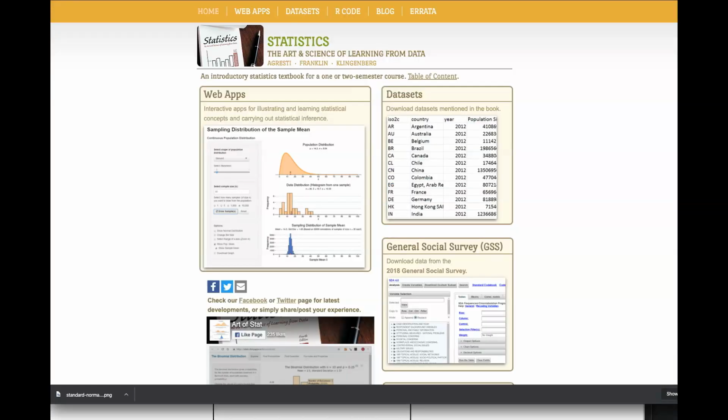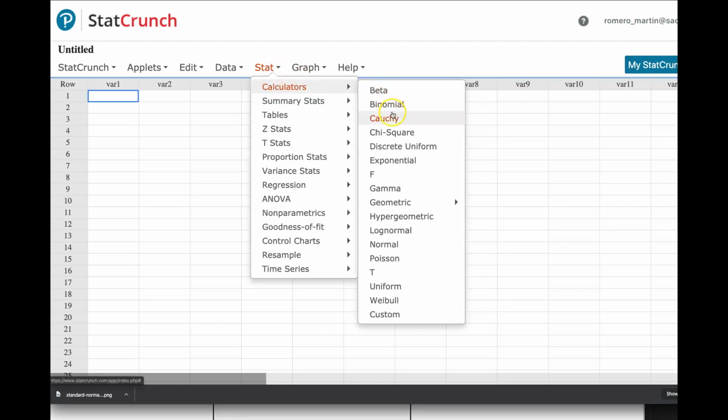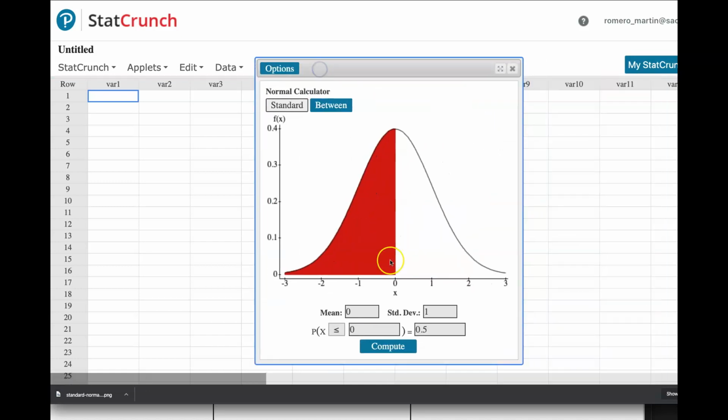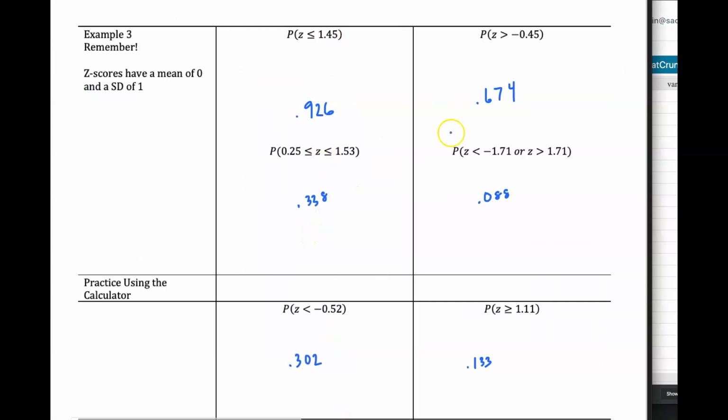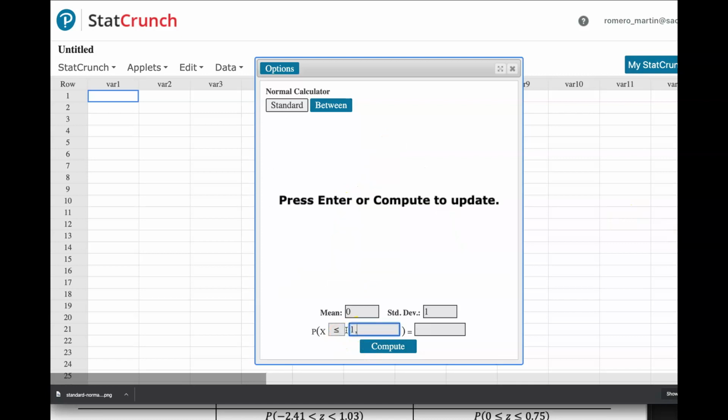So let's go to StatCrunch here. We're looking for the normal calculator. We were looking at what's the probability that the z-score is less than or equal to 1.45, and in this case, all you do is put 1.45 in there.